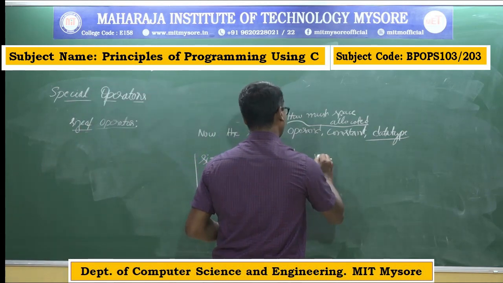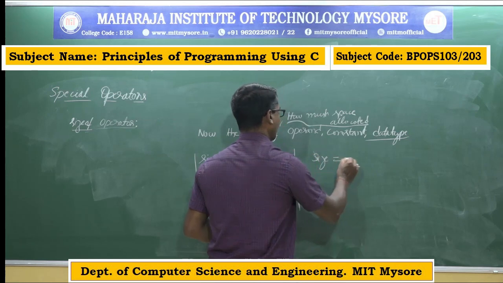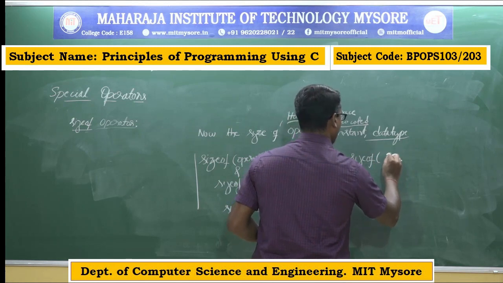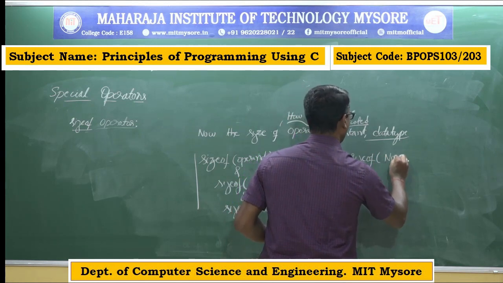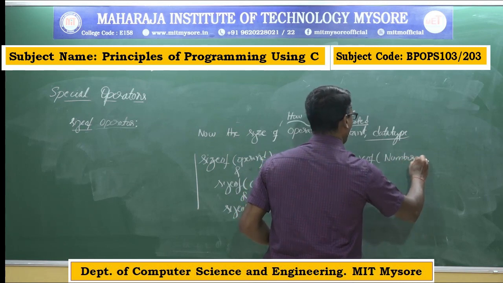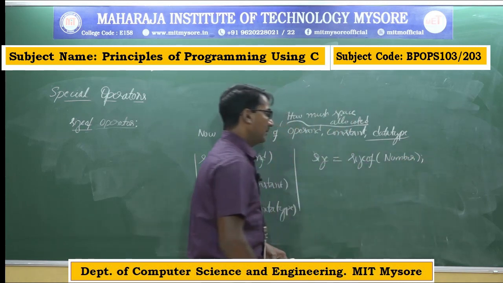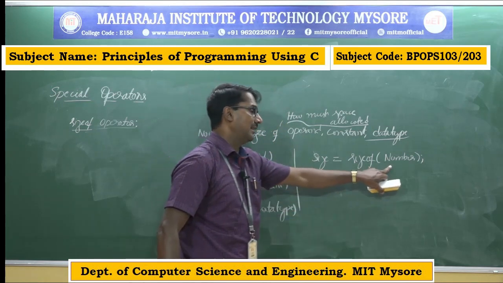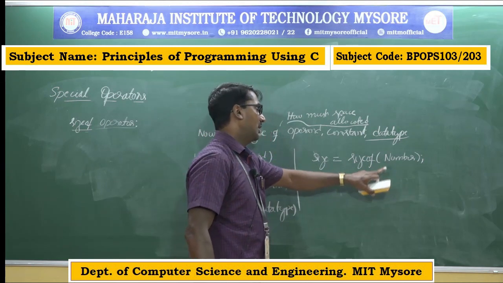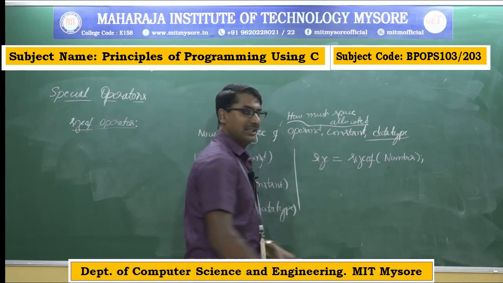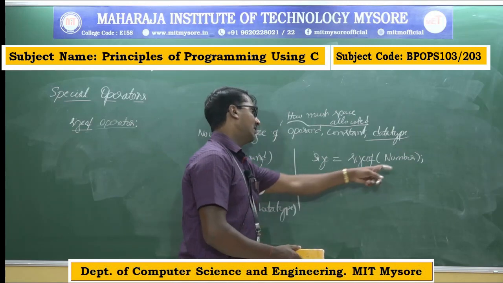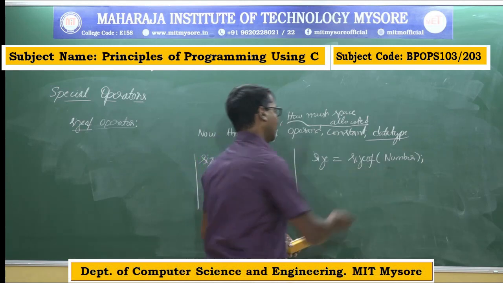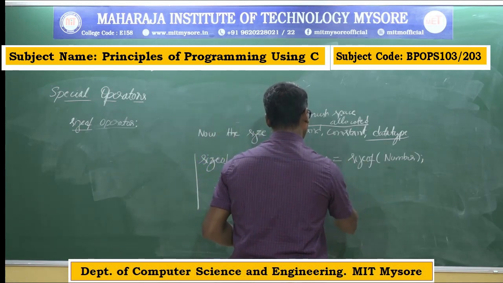Example, size is equal to sizeof number. Now consider number is a variable of type integer. If this variable is an integer data type and you are using a 32-bit machine, then the size of number is 32 bits. 32 bits means 4 bytes, so the output will be 4 bytes.